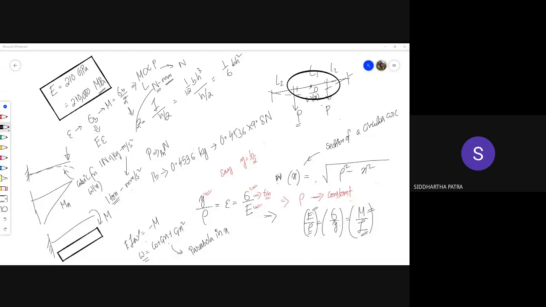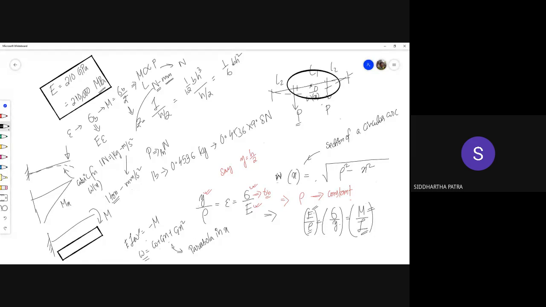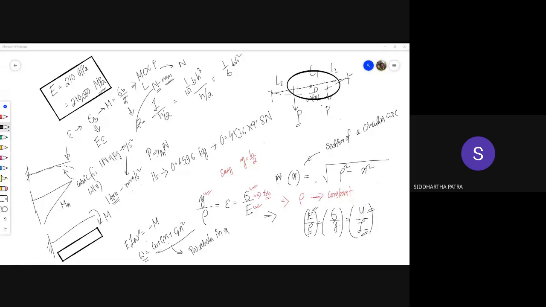And on another side, we are seeing that W is essentially changing in a parabolic pattern. So is the deflection curve actually a parabola or a circle?